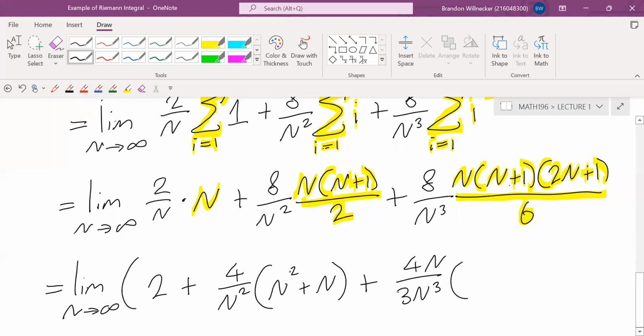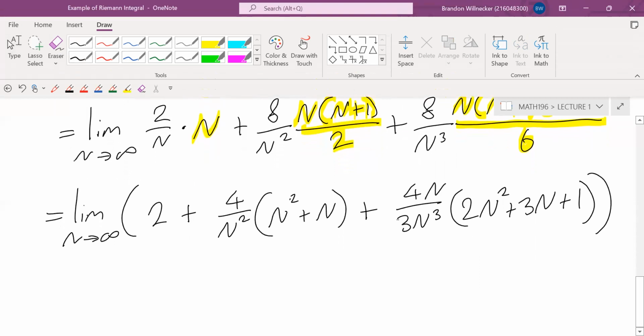And then, multiplying out the brackets, we're going to get 2n squared plus n plus 2n, so that's plus 3n, and then plus 1. Okay, so a bit more work that needs to be done.